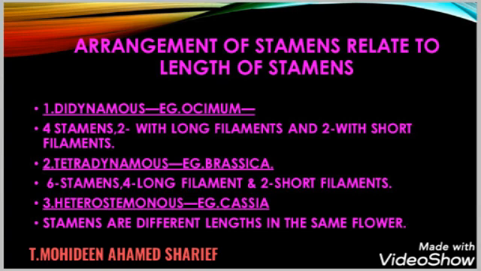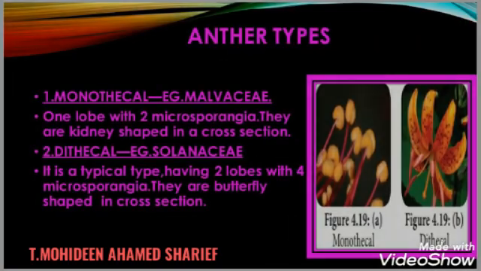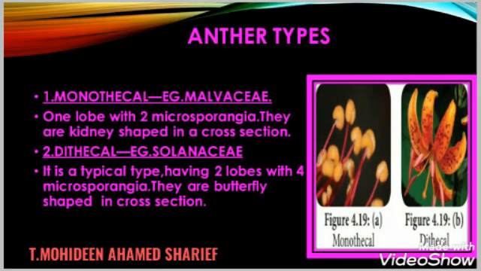Example, Malvaceae. Next one is dithecous. In this, it is a typical type having 2 lobes with 4 microsporangia. They are butterfly shaped in cross section, and the example is Solanaceae.